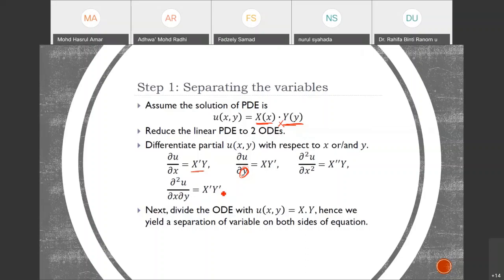That's why we call it the method of separation of variables, with the assumption that the solution of the PDE u(x,y) equals X times Y. Next, divide the ODE with u(x,y) equals XY. Hence, we get a separation of variables on both sides of the equation. I'm going to give you the steps, and later we will solve one complete solution.